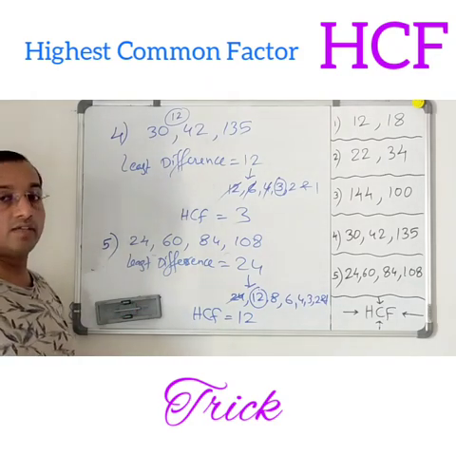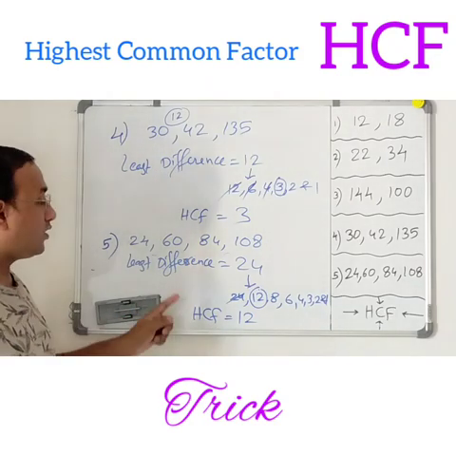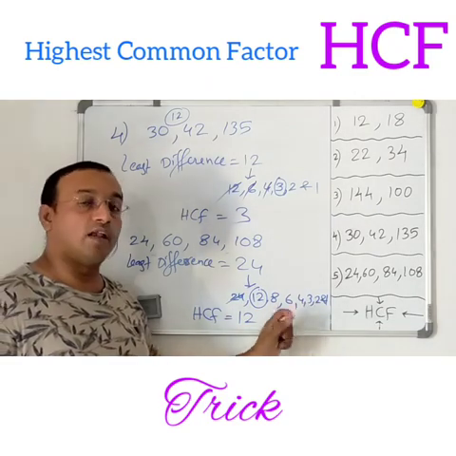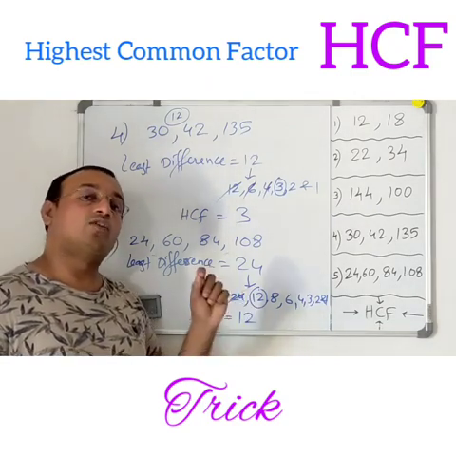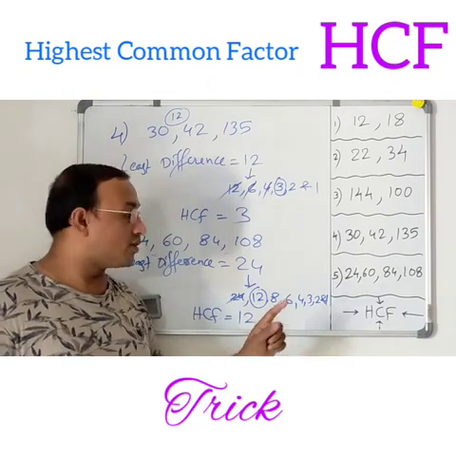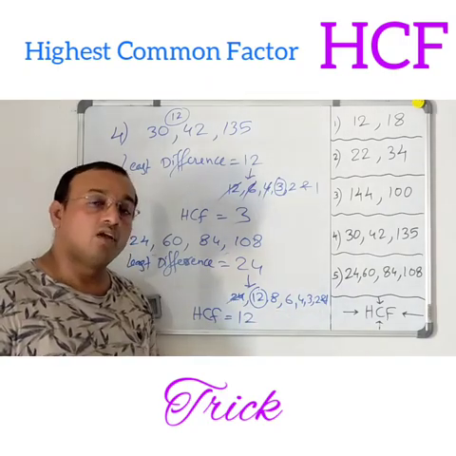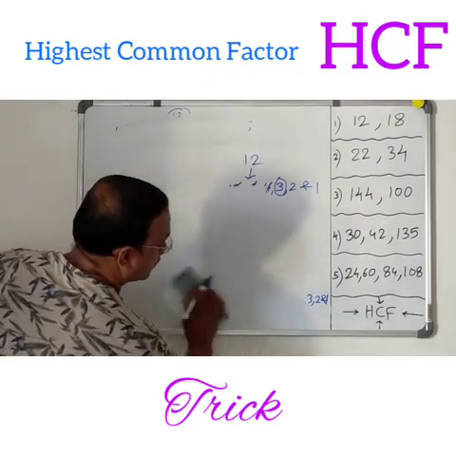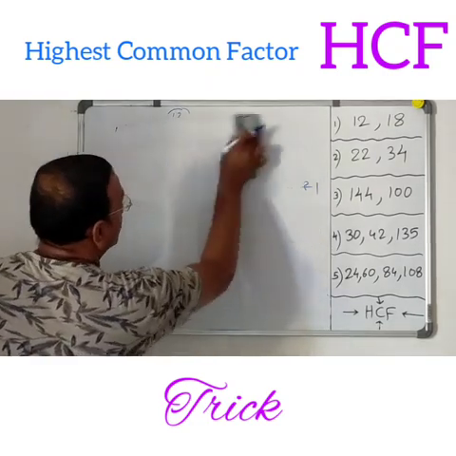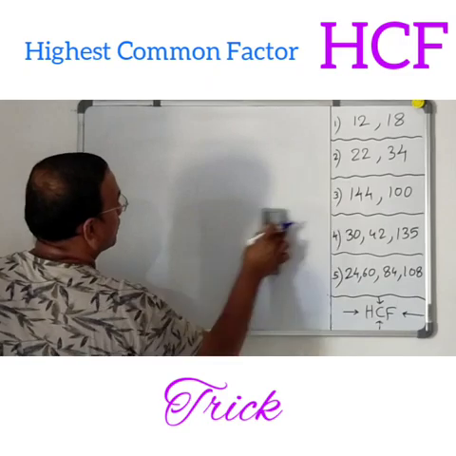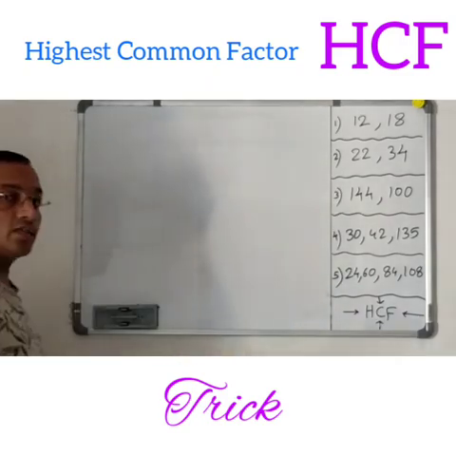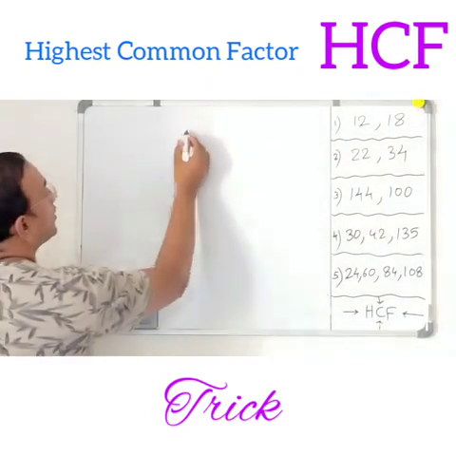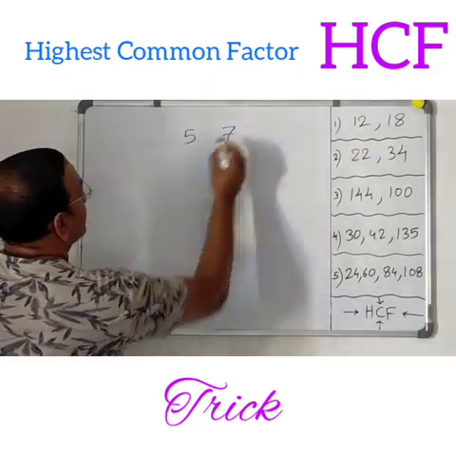And you may get a few examples, friends, if you try, where all these numbers will not be divisible and finally 1 will be left. Those are nothing but co-primes, and the HCF of co-primes is 1. Okay friends, let us take an example, 5 and 7.